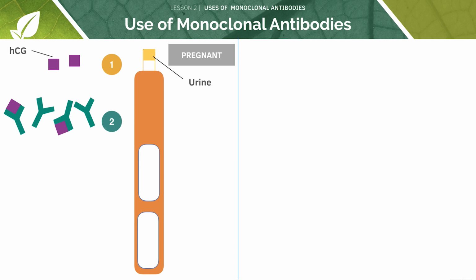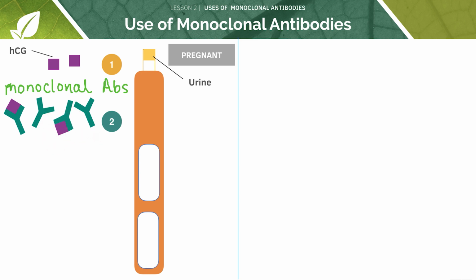These here are your monoclonal antibodies, and I'm just going to write antibodies as ABS for short. They are specific to HCG, so they're only going to bind HCG and nothing else.